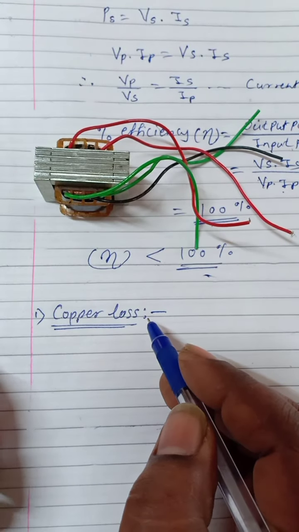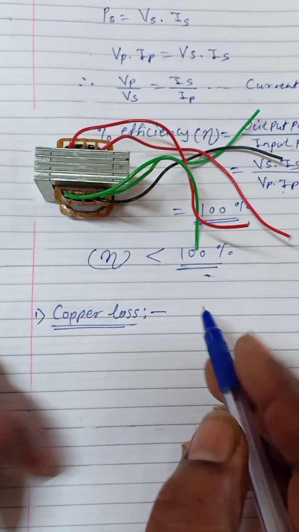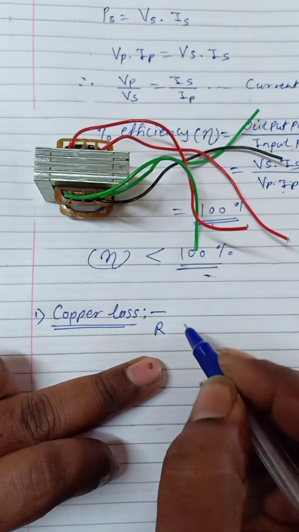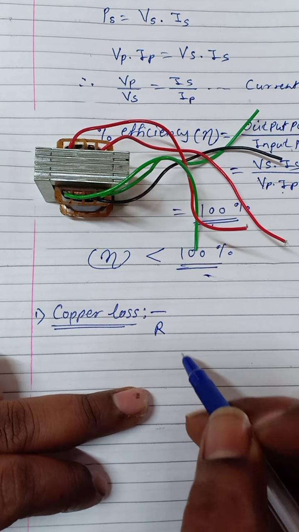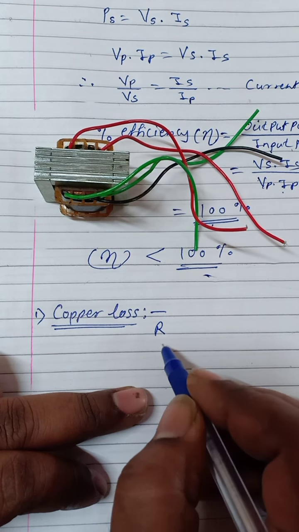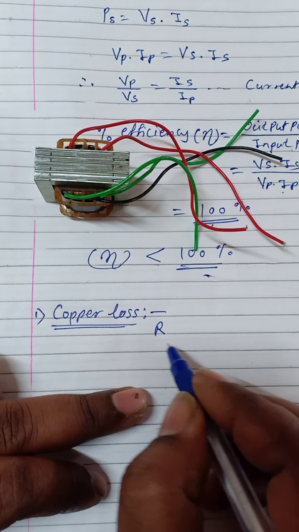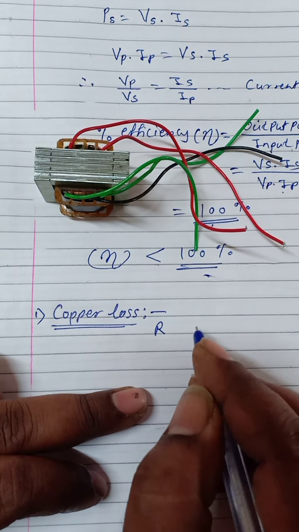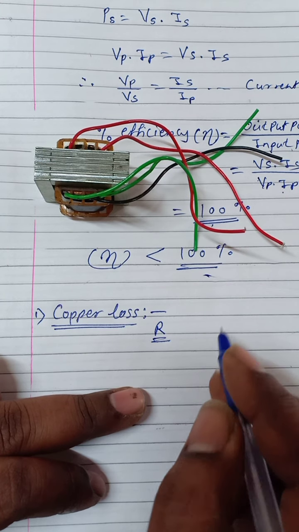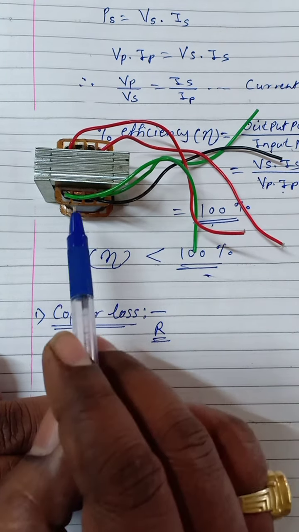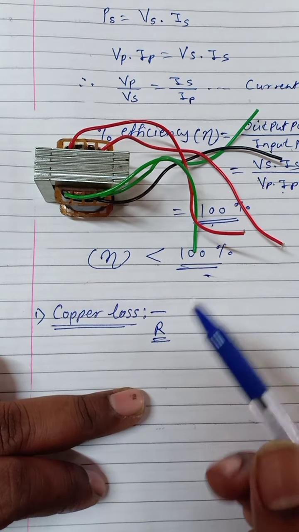It has some resistance R. Both the primary and secondary windings are made of this copper wire, and this copper wire has some resistance R.